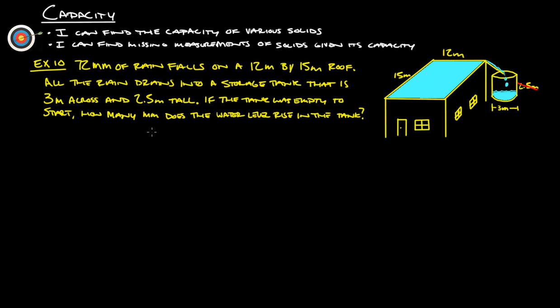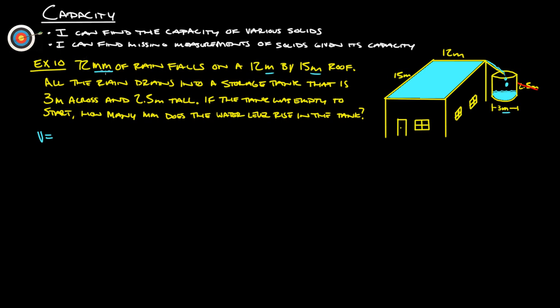Okay, so volume is going to be, we could call this the base here. So 15, I'm going to back up here a second. We got 15 meters by 12 meters by 72 millimeters. So fairly important piece of info here is that this is in millimeters and then these are meters.